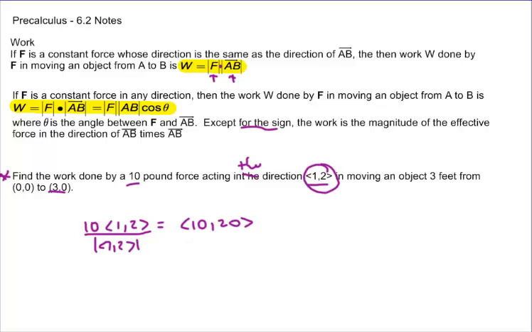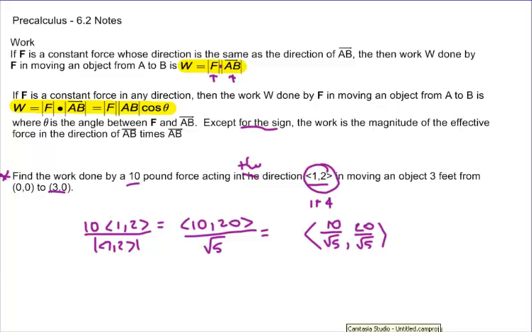The magnitude of that is 1 plus 4, so it would be the square root of 5. So here's a unit vector in the direction that I'm going, and it's going to look like 10 over the square root of 5 and 20 over the square root of 5. So there's the force that is being applied to the object.